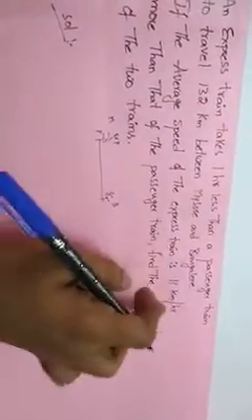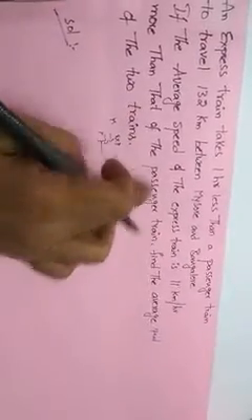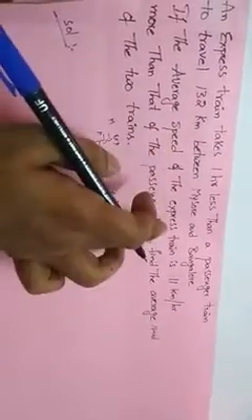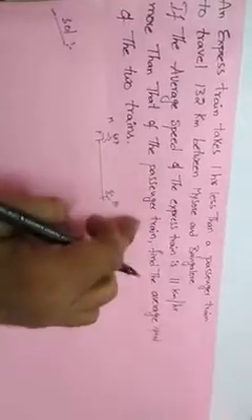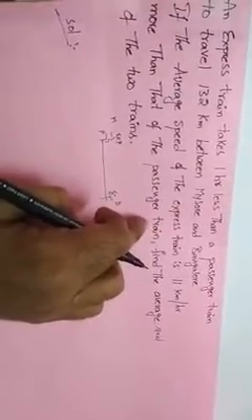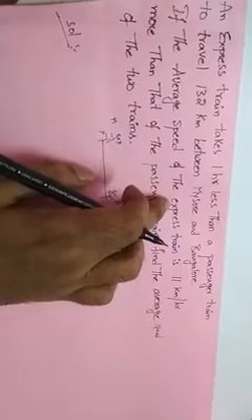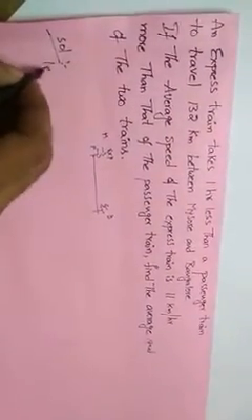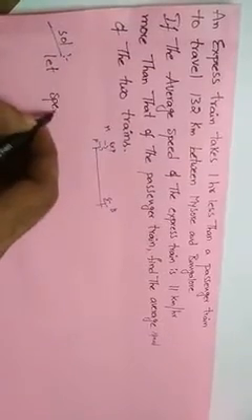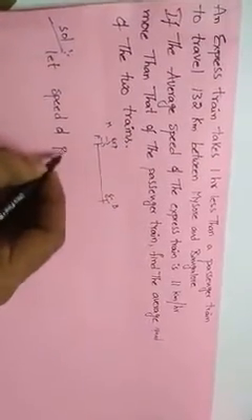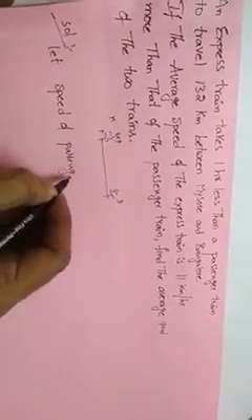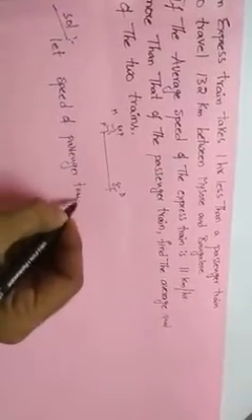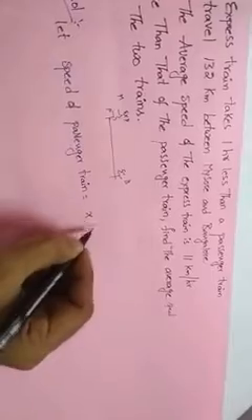Here the average speed of the express train is 11 kilometers more than that of the passenger train. So the speed of the express train depends upon the speed of the passenger train. So the passenger train is the independent variable and the express train is the dependent variable. We'll take it through the passenger train. Let the speed of the passenger train be x kmph.